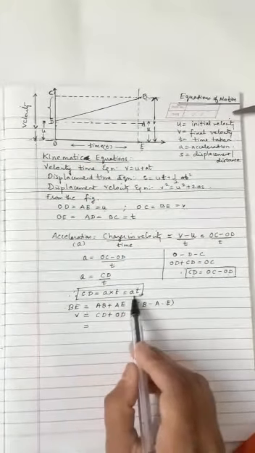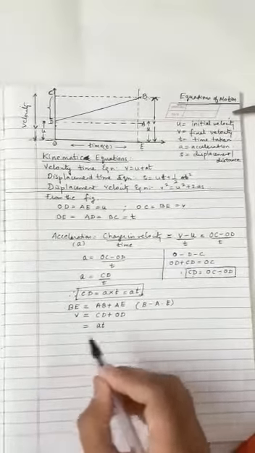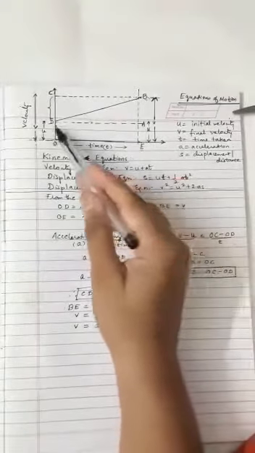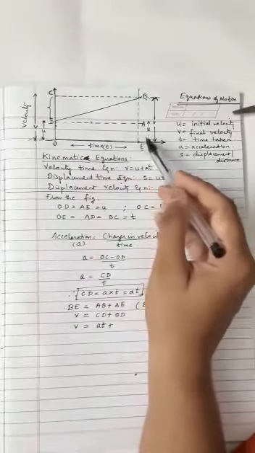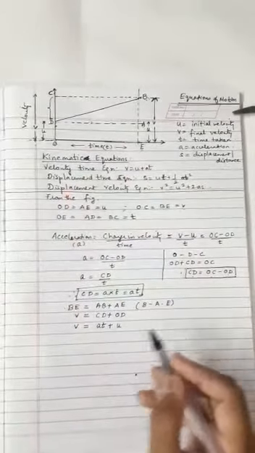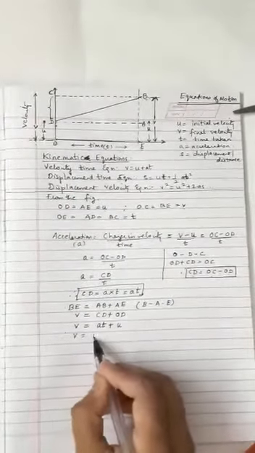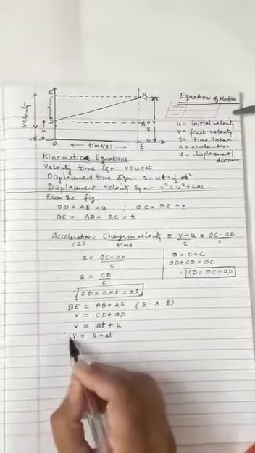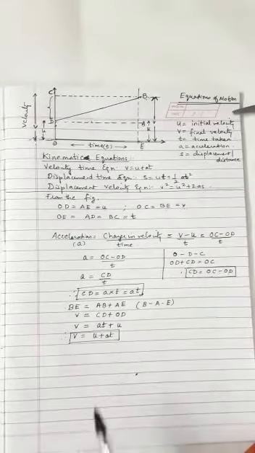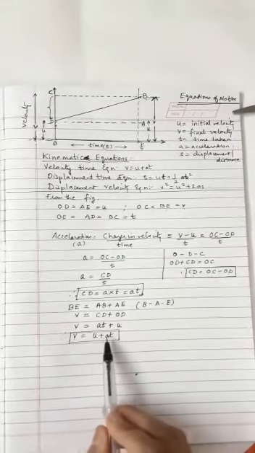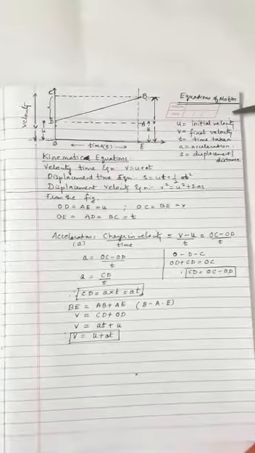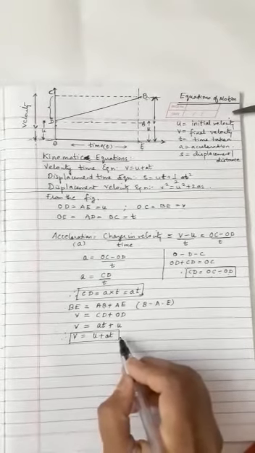We've got CD as AT, this V as it is. And once again look in the graph, OD same as AE, same as U, small letter U. Therefore, V is equal to U plus AT. So this is the first kinematic equation which is showing us the relation between velocity and time. Okay, so this is the first equation of motion.